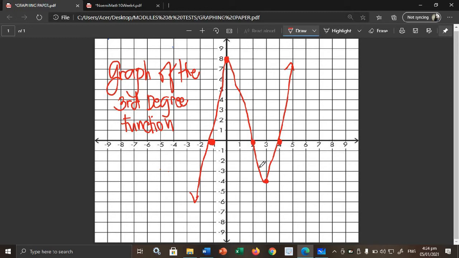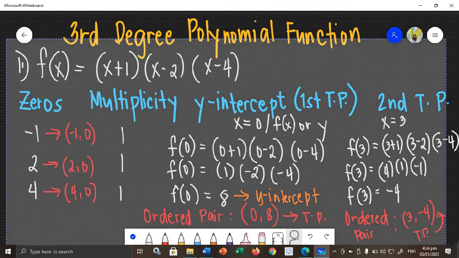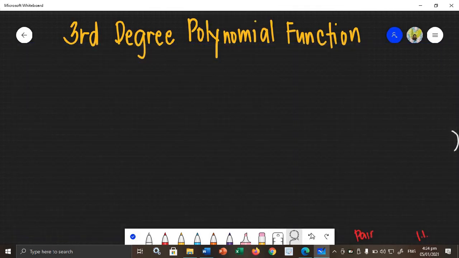So, sa characteristics, ang hahanapin ko is, okay, dito ko na isusulat yung characteristics. So, isusulat yung characteristics below the graph.